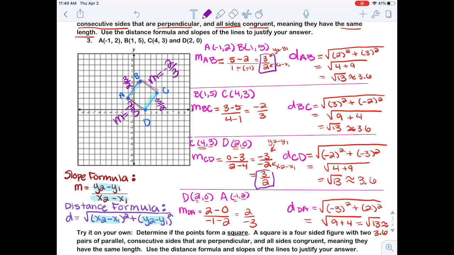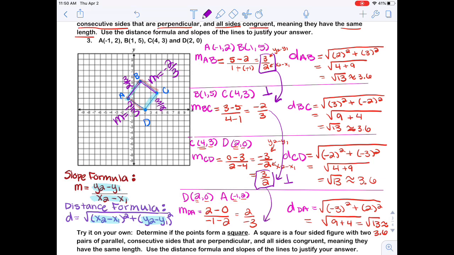So now we have to look for perpendicular. So if I go from AB, what's consecutive with AB? BC. So is this opposite sign reciprocal slope? Well, it flips and becomes its opposite sign, so that tells me that these are perpendicular. It goes from -2/3 to 3/2, so that would be perpendicular because it flipped and became the opposite sign.